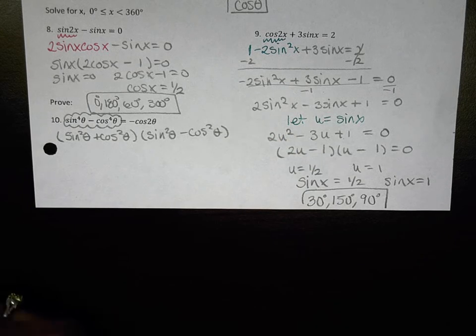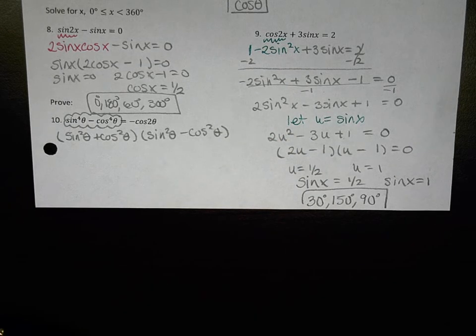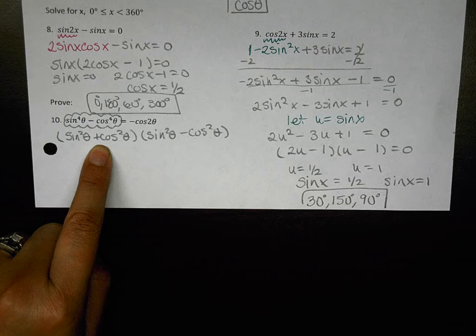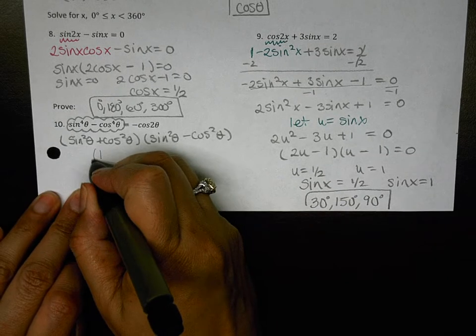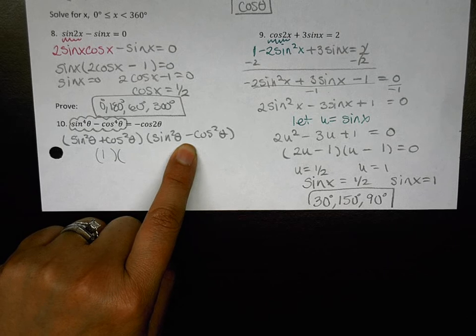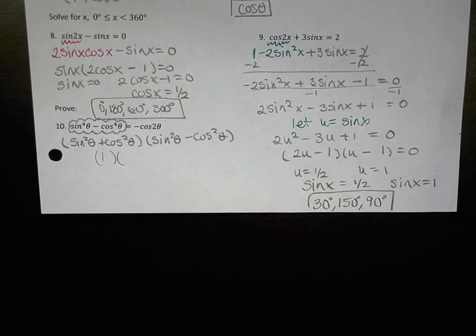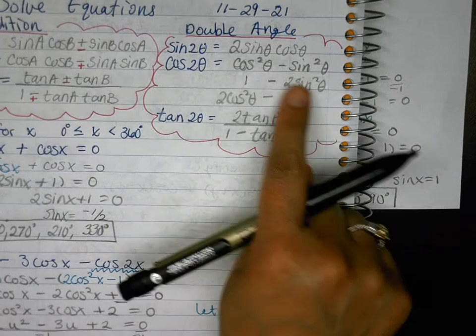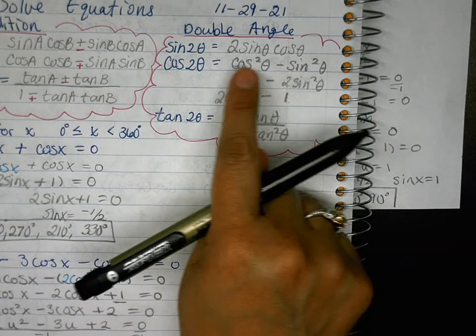And then you guys should have looked at it and said, oh, this here, it wasn't on the board, but it was in your head. What is it? 1 times this one. Oh, it was on the board at the time. Now it's in your notes. What is sine squared minus cosine squared? Negative what?